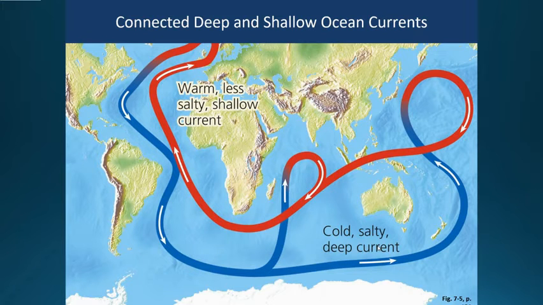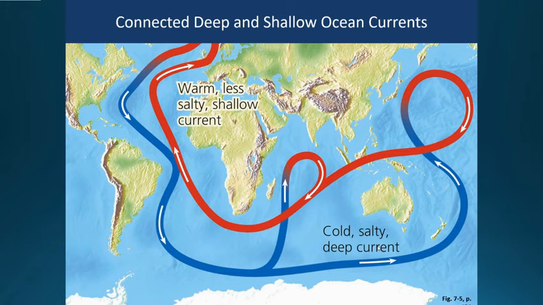Some deep and shallow ocean currents have this interaction on the Earth, where you can see the warm, fresh water that's closer to the surface. And what happens is the water in the Pacific Ocean tends to flow, when it's warm, through areas of Indonesia into the Indian Ocean, south around Africa, north through the Atlantic. But then when it gets up into the North Atlantic, north of England and so forth, it starts to cool down.